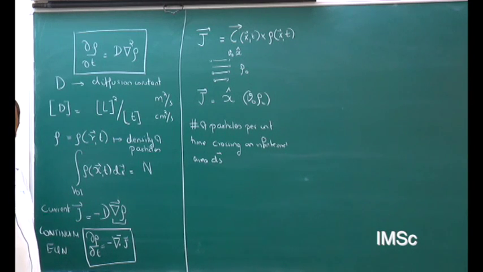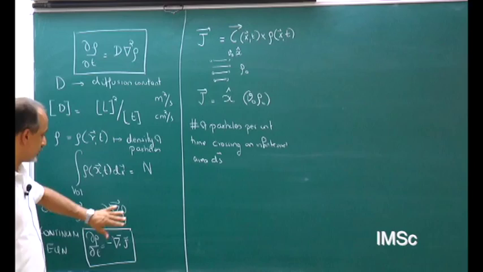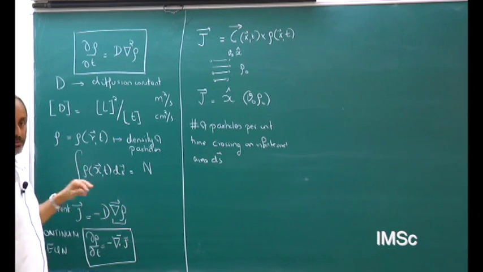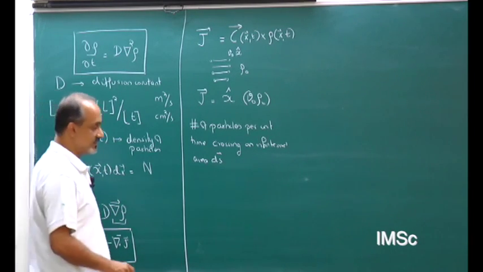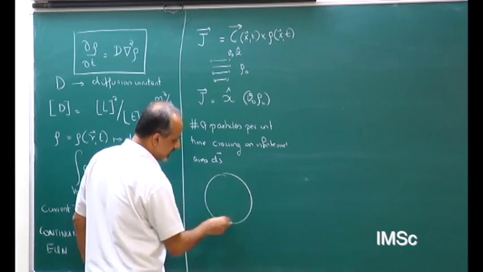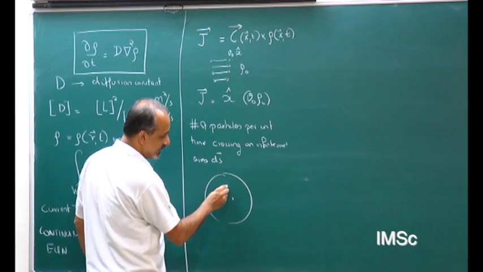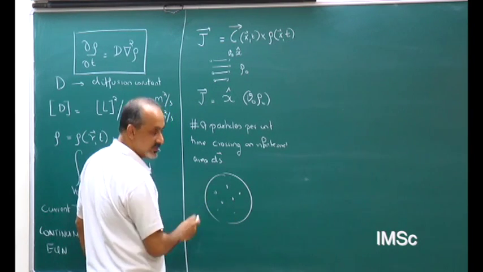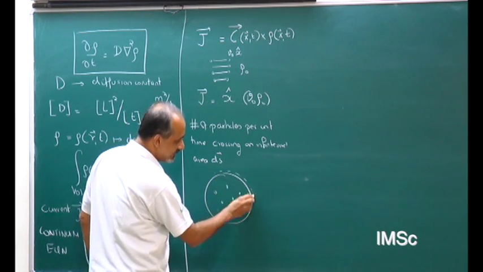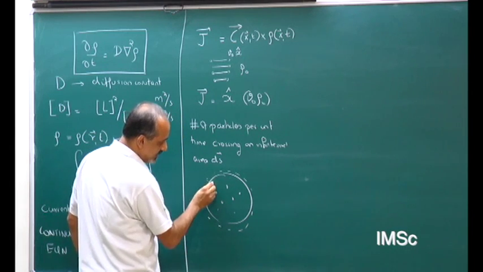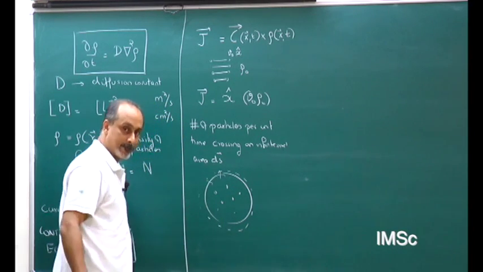The number of particles are conserved globally, which is this statement, but it's also conserved locally, which is what we were trying to say. We said that if the particles are conserved here, I have some bunch of particles here. The only way this will change in time is for particles to leave the surface, either to come in or to go out.